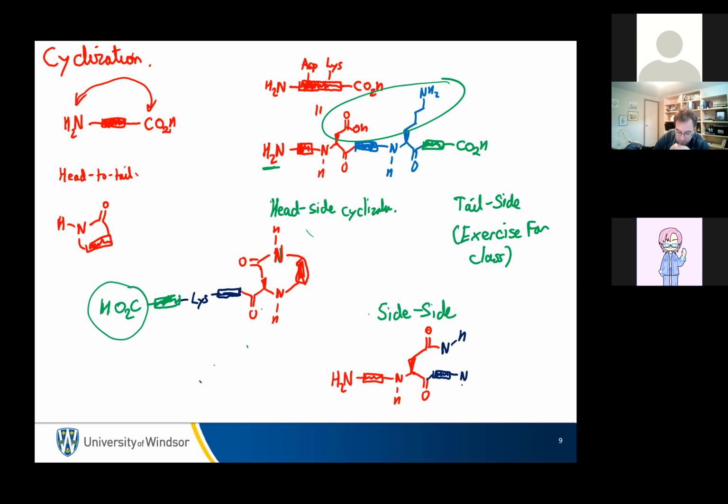It could be quite large. It's completely arbitrary. And I have a ring in the middle. Now lots of peptides have multiple lysines and multiple aspartic acids or glutamic acids, so you have even more opportunities for cyclization. So we have lots and lots of different cycles that we can make with a given sequence.